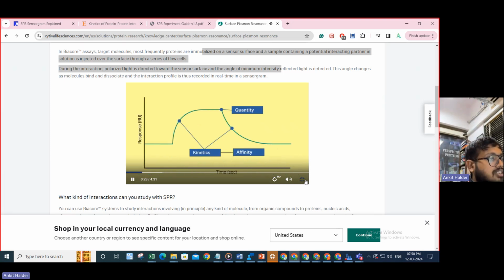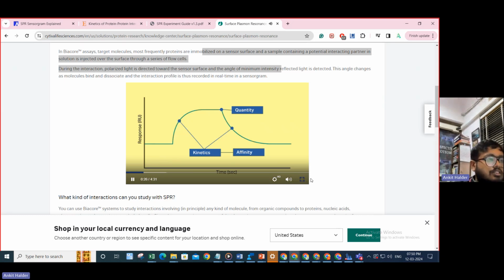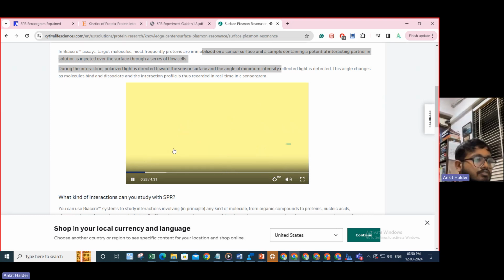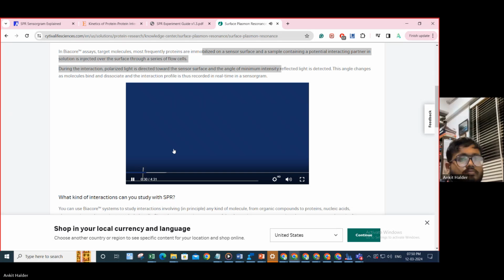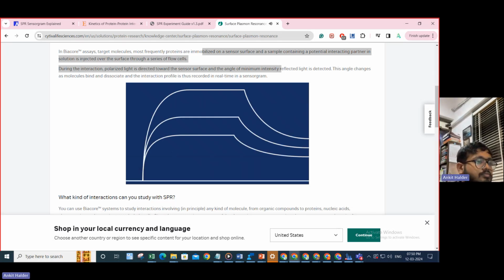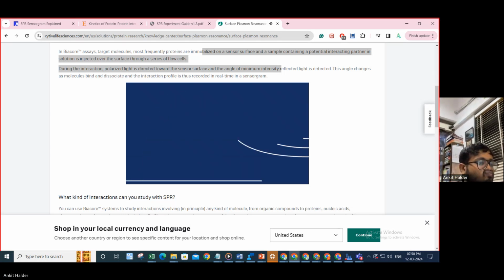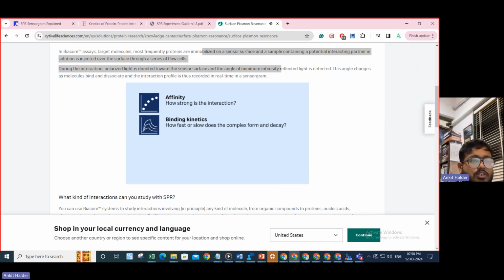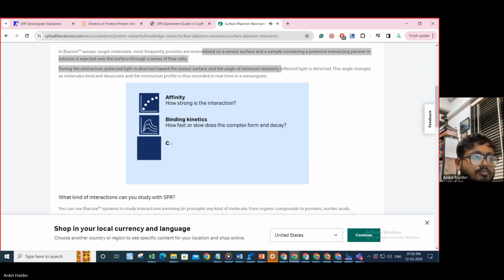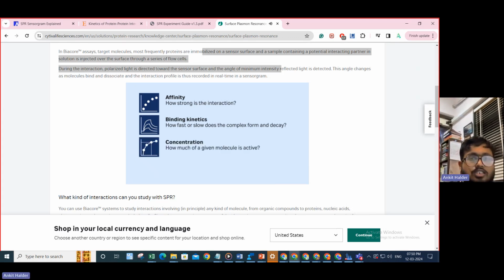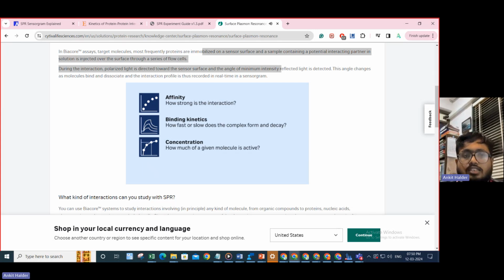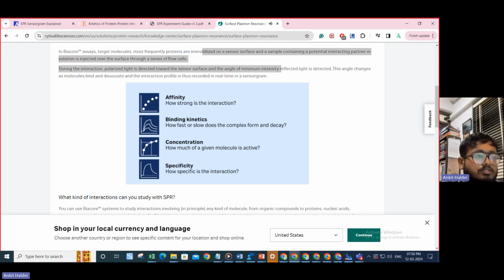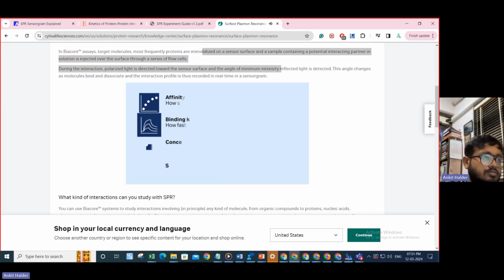So quantity, kinetics, affinity. Binding kinetics: how fast or slow does the complex form and decay. Concentration: how much of a given molecule is active. Specificity: how specific is the interaction.